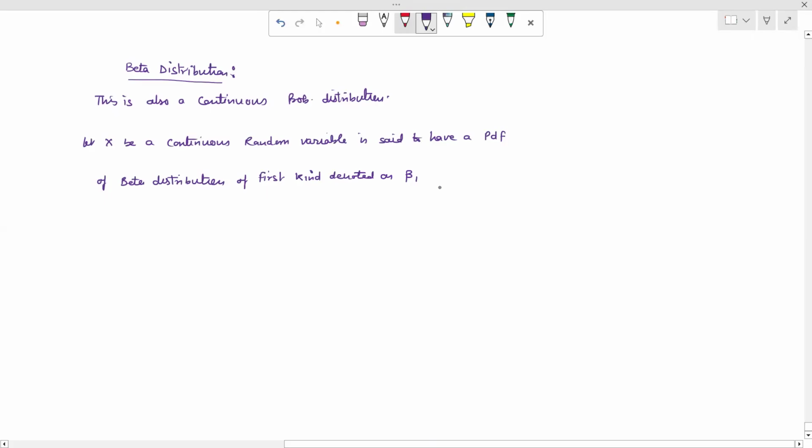Now we write down the PDF of beta distribution, which is f(x). f(x) is equal to 1 upon beta(m,n), x raised to the power m minus 1, into (1 minus x) raised to the power n minus 1. This function is defined when the random variable x lies between 0 and 1 and m and n are both positive. Otherwise, the value of the function is 0.